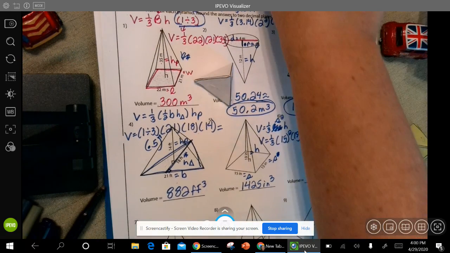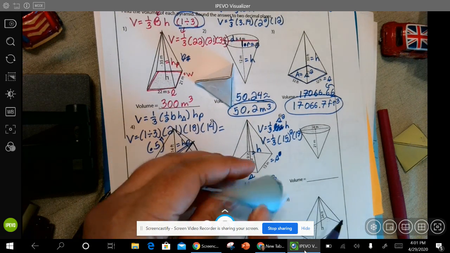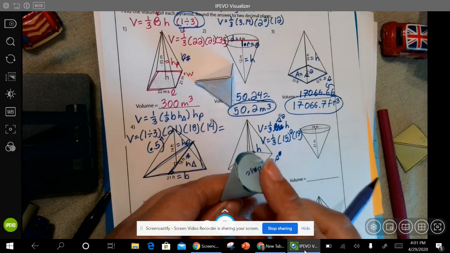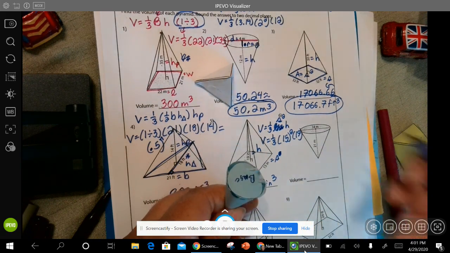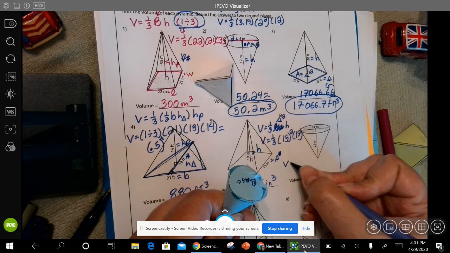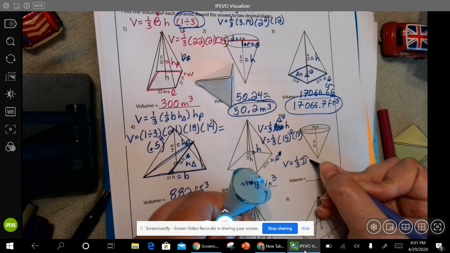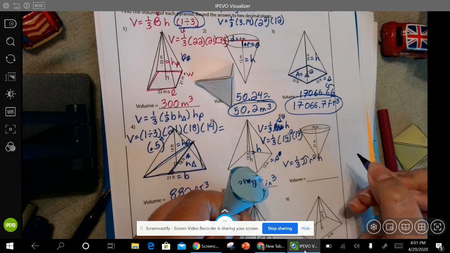Okay, for our cone, everybody, it keeps moving on me. Okay, come back here. So this is a circle. So volume, everybody, is going to be 1/3 pi r squared times the height.